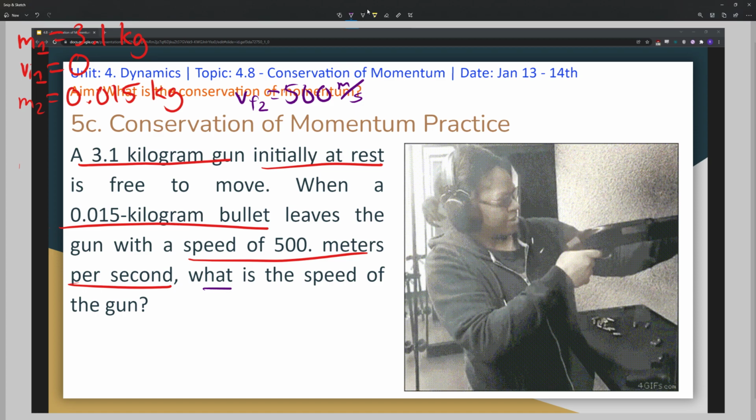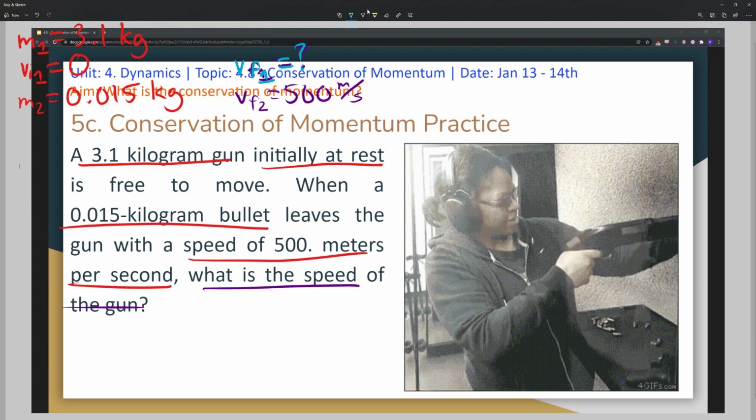And then the question says, what is the speed of the gun? So they're asking, after this explosion inside the gun, what is the final velocity of object 1? What is a color that can work everywhere? I guess that can work. So the final velocity of object 1 is question mark.